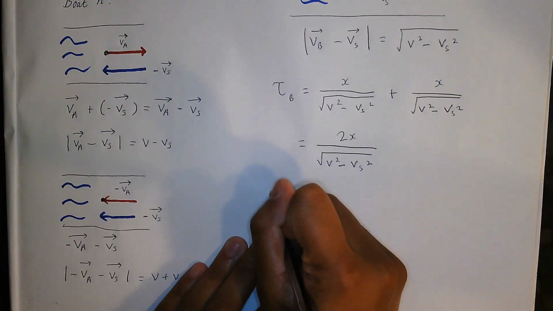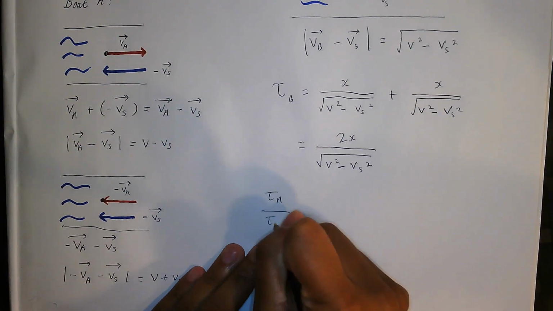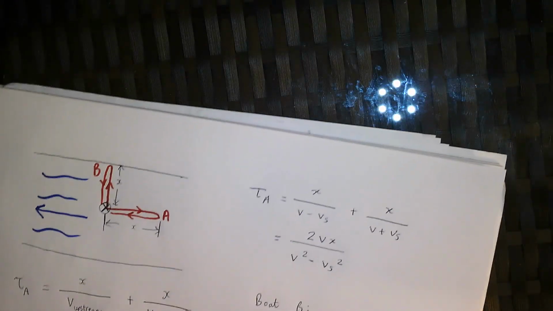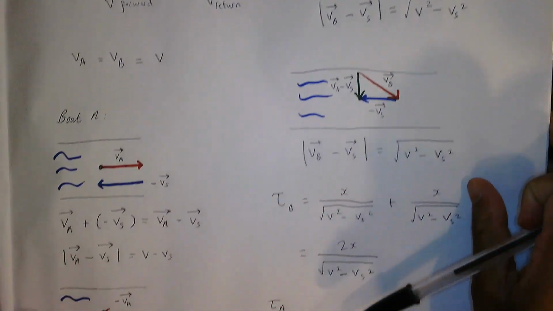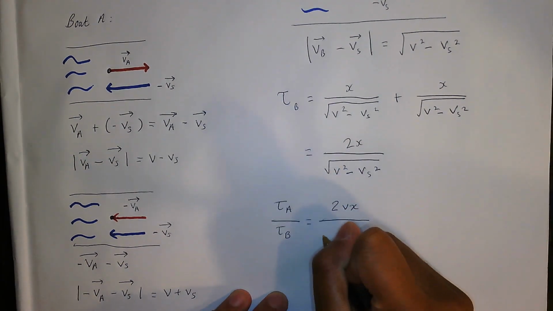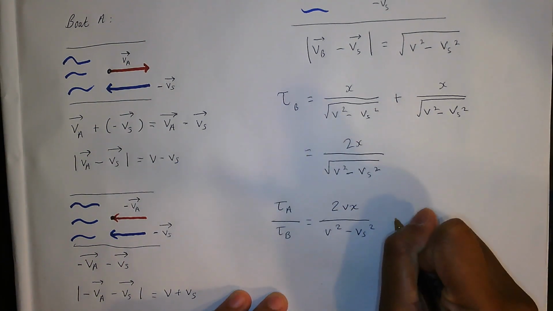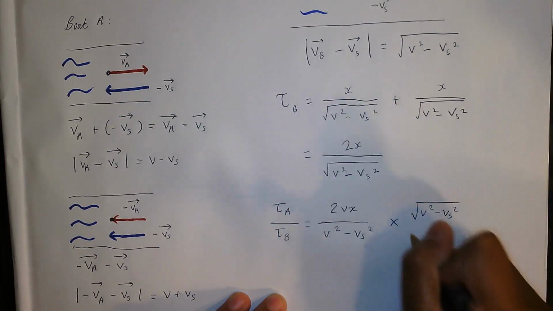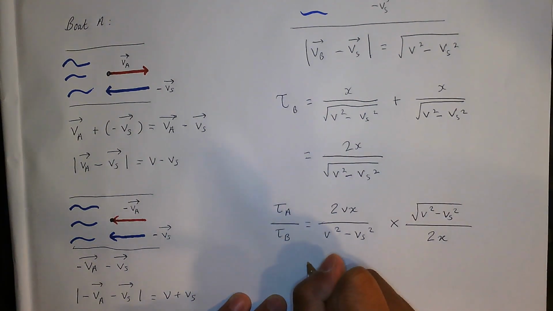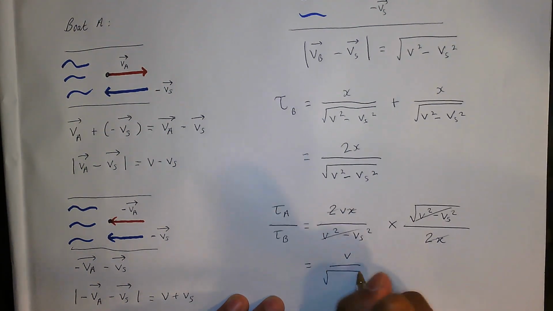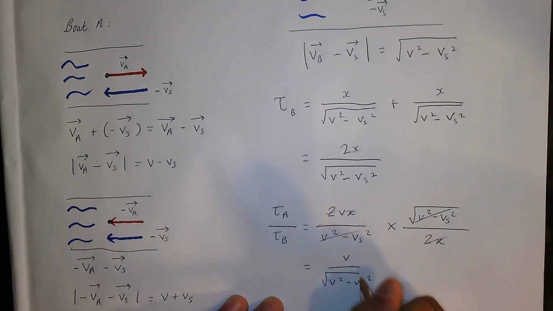So tau A over tau B is 2vx over v squared minus vs squared, multiplied by the square root of v squared minus vs squared over 2x, which after you simplify gives you v over the square root of v squared minus vs squared.